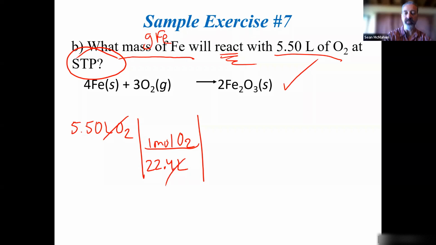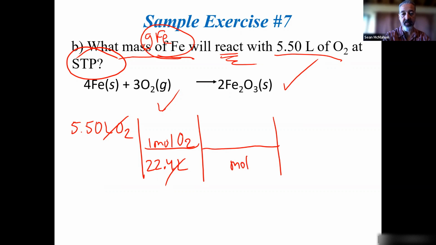So liters cancel. There's step 2 of stoichiometry. Step 3, convert the given substance in moles to moles of what I want. I want eventually iron. So I need to convert moles of O2, I put that on the bottom because I want to cancel it, to moles of iron.